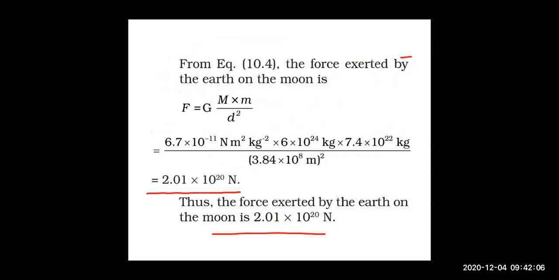So what we did, we substituted the value of G, that is universal gravitational constant. Mass of Earth we have put over here. Mass of moon is substituted over here. And distance between them we are keeping over here. Then we are going to keep all numbers together and all powers, 10 to the power, we will solve separately, and then our final answer comes up to 2.01 into 10 to the power 20 Newton.